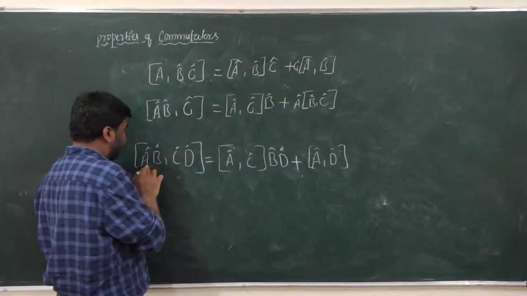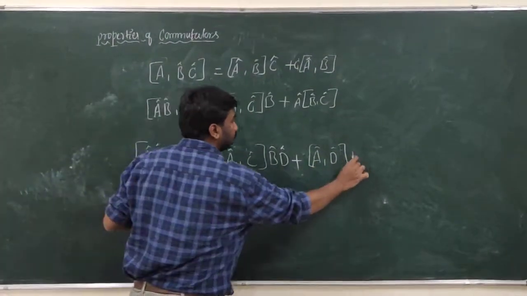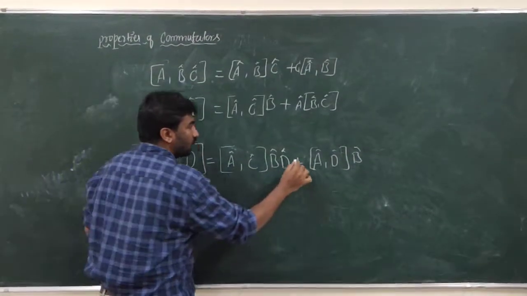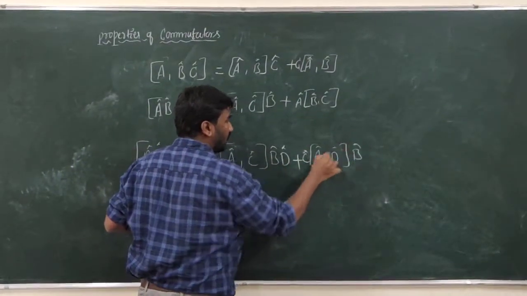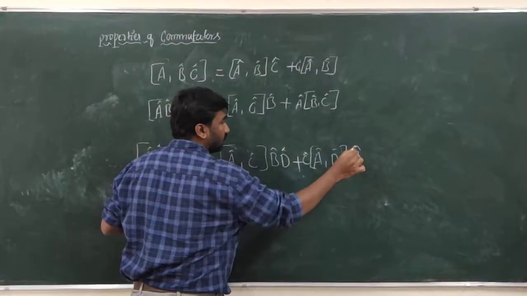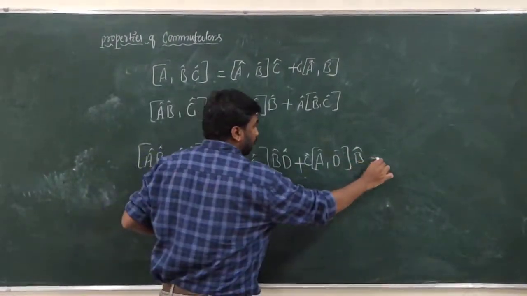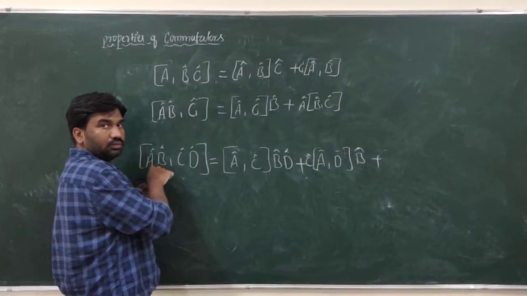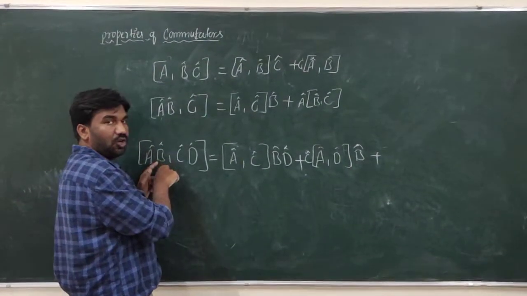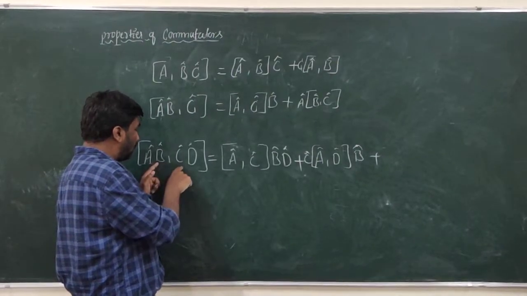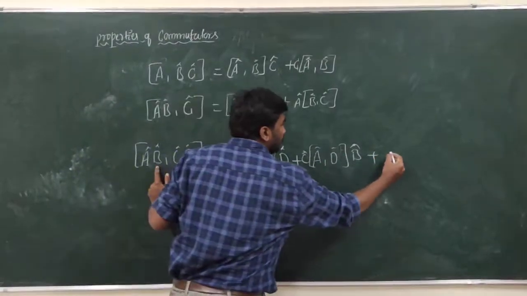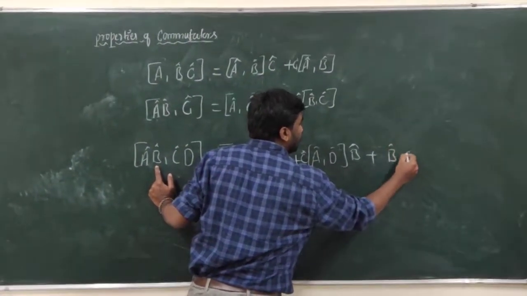For this A operator, B is on the right side, and for this D operator, C is on the left side, so we write it on the left side of this commutation bracket. Okay, plus, and next A is over. The remaining here is operator B. So again the commutation relation of B with C, so [B, C].